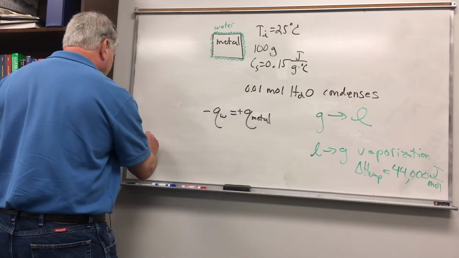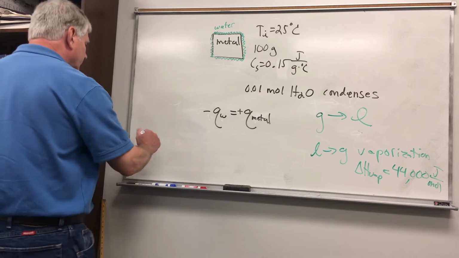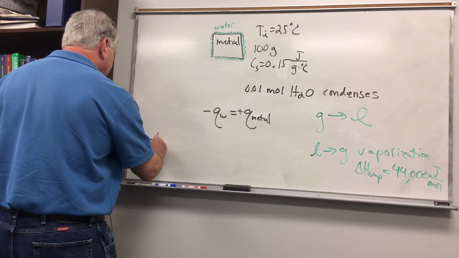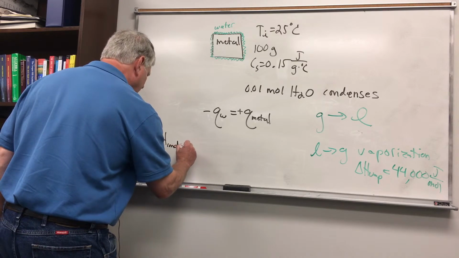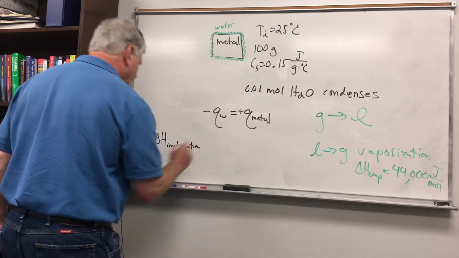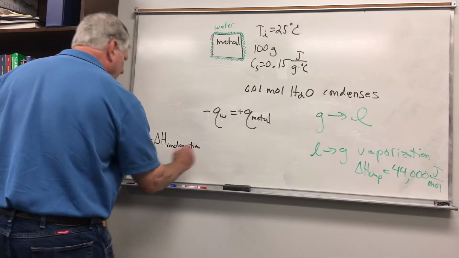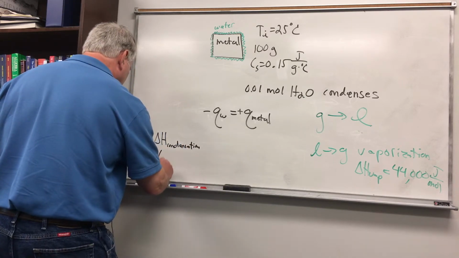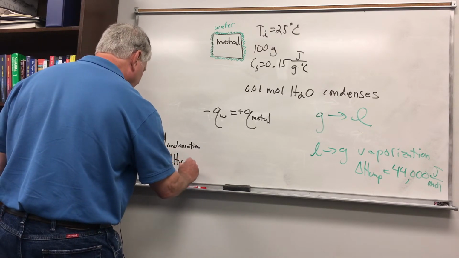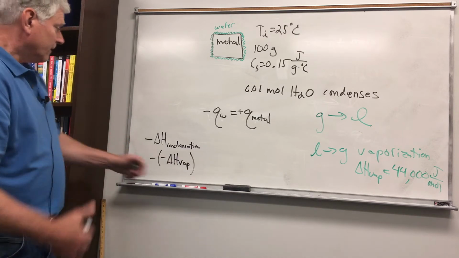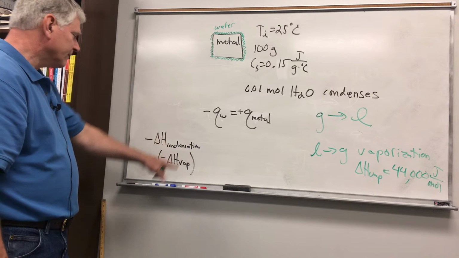So we have heat lost by the water is negative delta H condensation, or negative of the negative delta H vaporization. So negative enthalpy of vaporization is enthalpy of condensation.